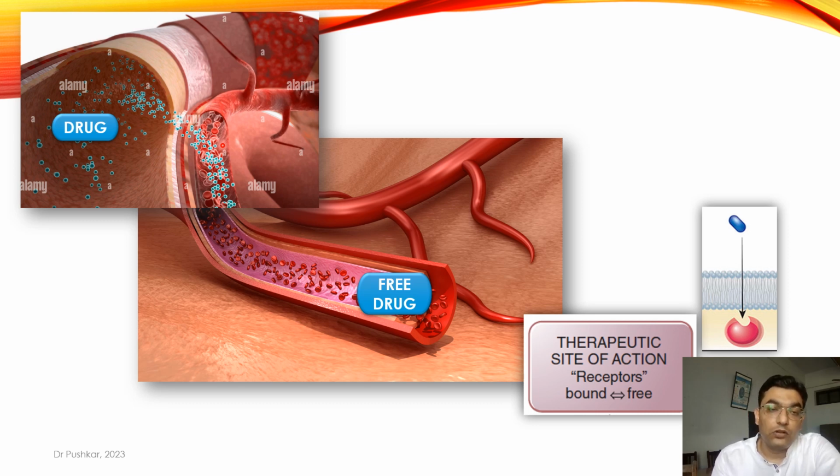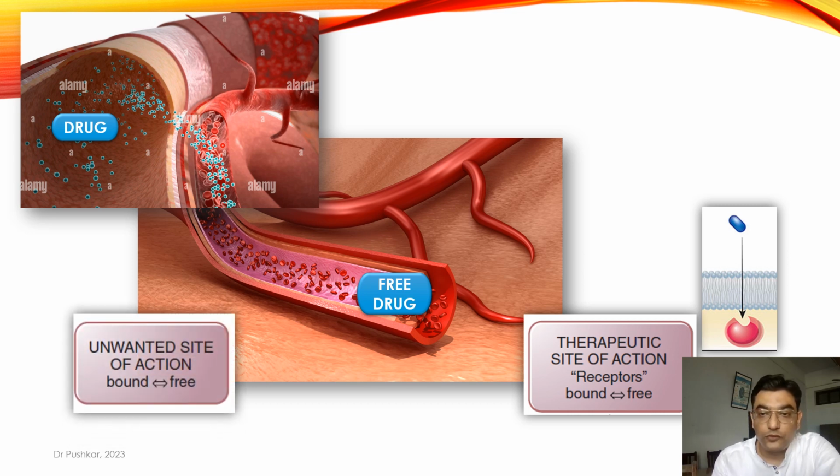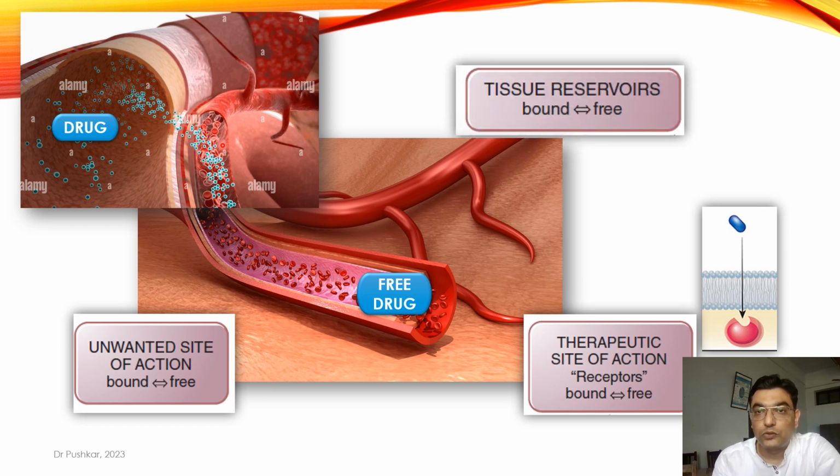It will also reach some unwanted sites of action because of distribution in the whole body, as well as some tissues, and these tissues will act as reservoirs.